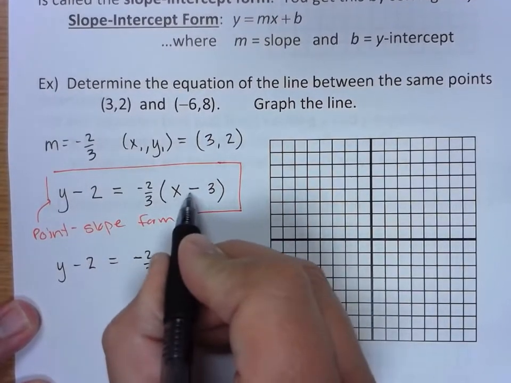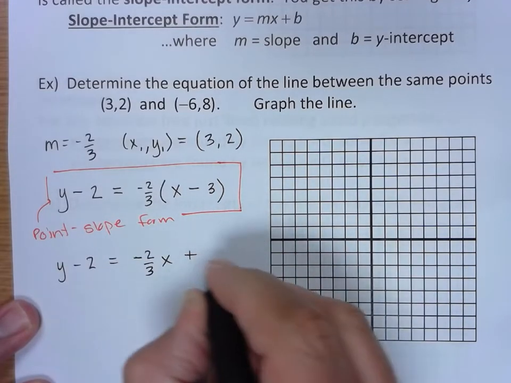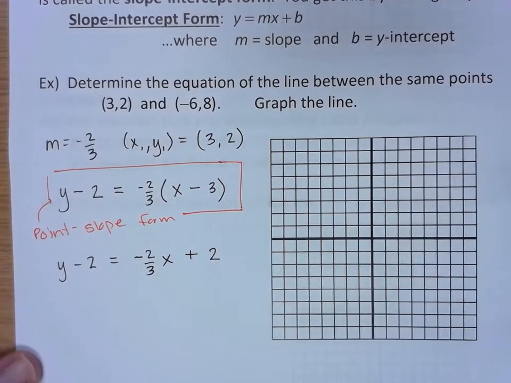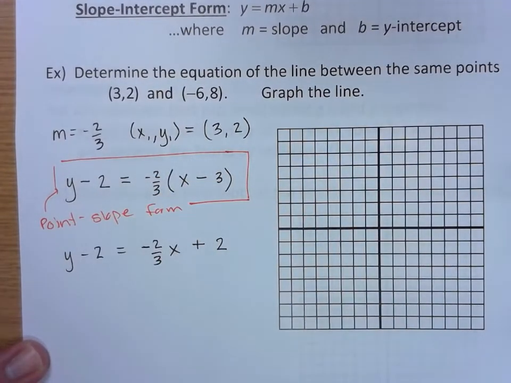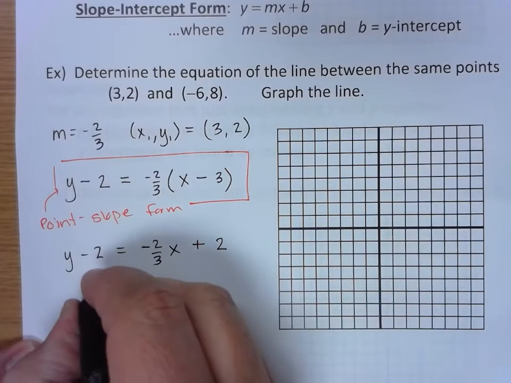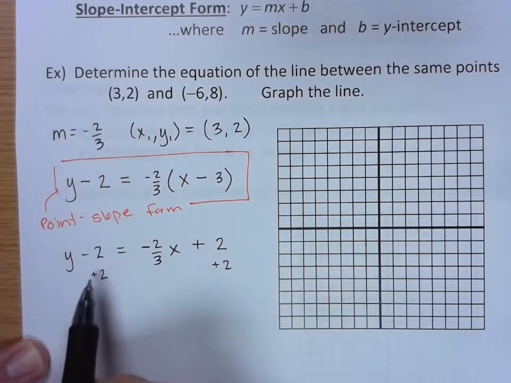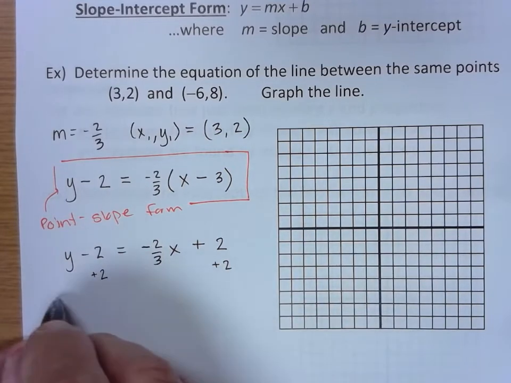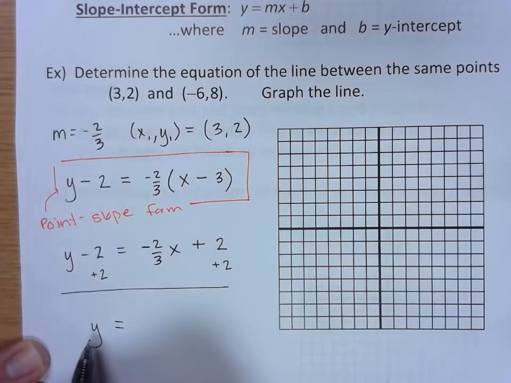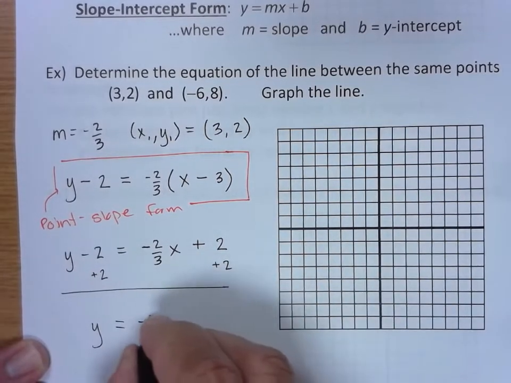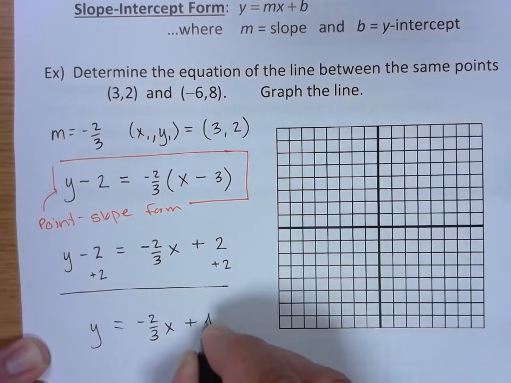Negative 2/3 times negative 3 is going to be positive 6/3, and 6/3 reduces down to 2. So I've distributed the slope into the binomial, and now I want to get the y by itself. Your goal is to solve this equation for y, so I'll add that 2 to both sides and get y isolated, and then that finally leads me to y equals negative 2/3 x, and then 2 plus 2 is 4.